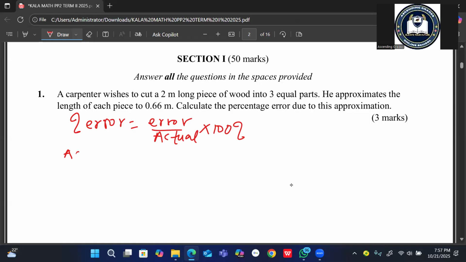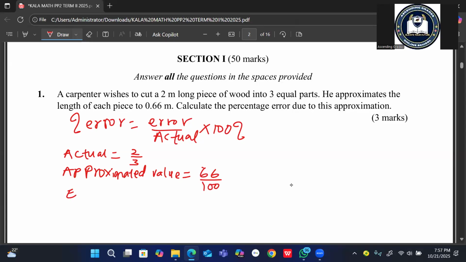Our actual is 2 meters, then we divide by 3. Our approximation is 0.66, which is 66 out of 100.